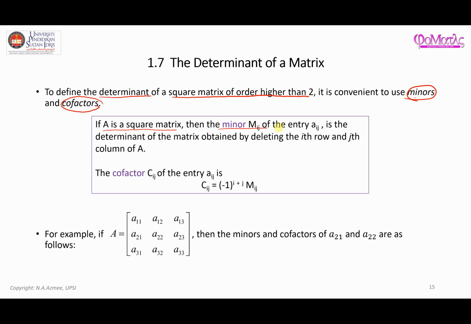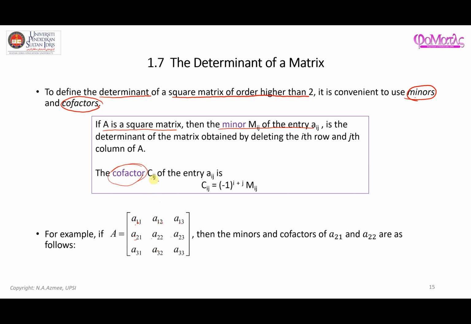For each entry, you can find the minor. So if you have a 3 by 3 matrix, you have 9 elements, therefore you will have 9 different minors: M11, M12, M13, and so on. Similarly, once you have obtained the minors, you will also have 9 different cofactors, because Cij corresponds to the particular entry Aij.